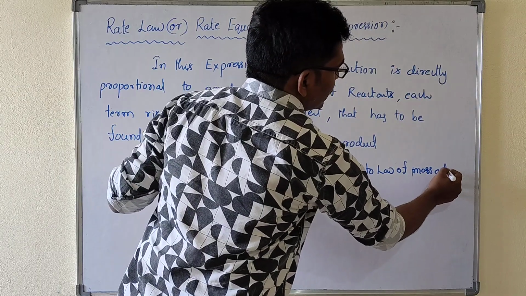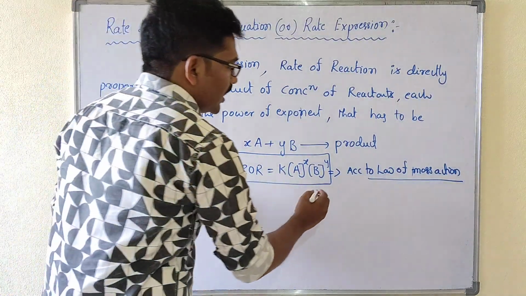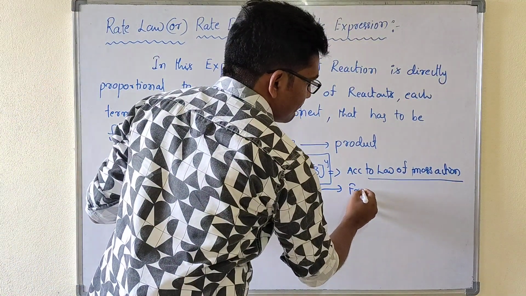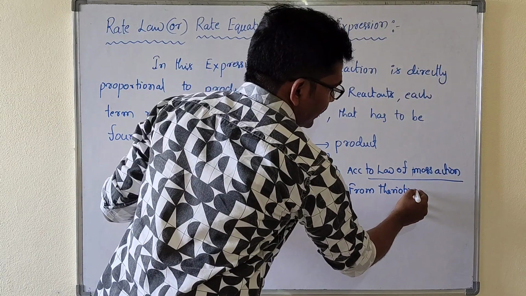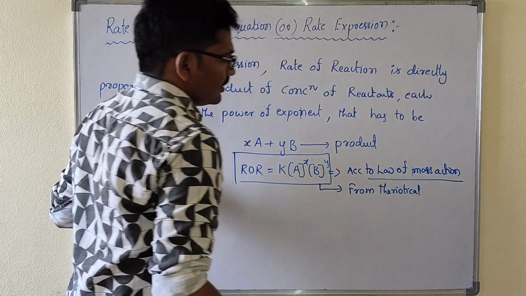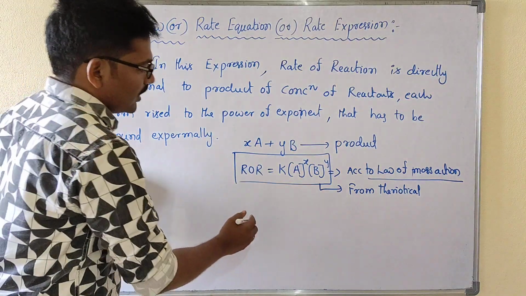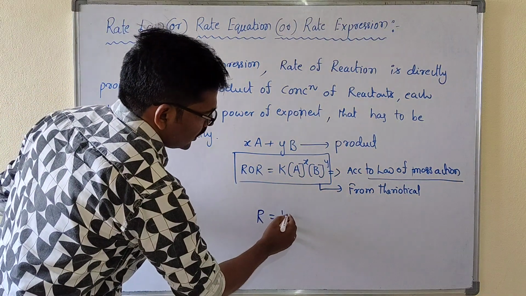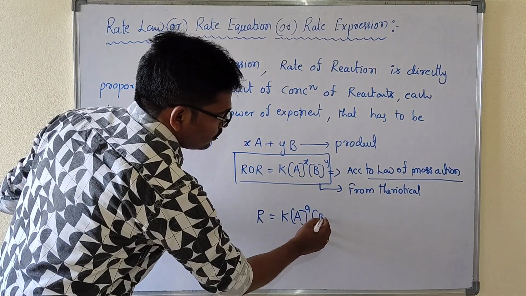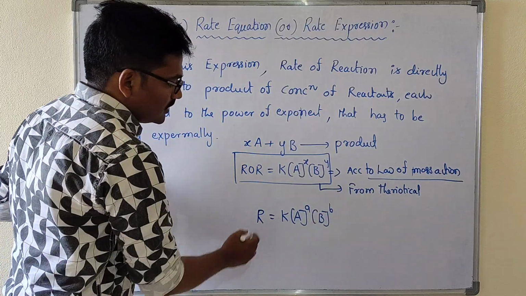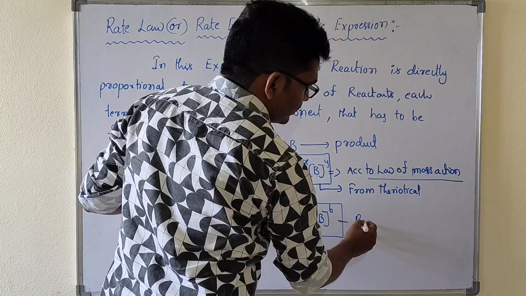The law of mass action is not from experiment, it is theoretical. Clear? So this is theoretically determined. In case the same rate of reaction equals k into A to the power a, then B to the power b, this I am calling the rate law.